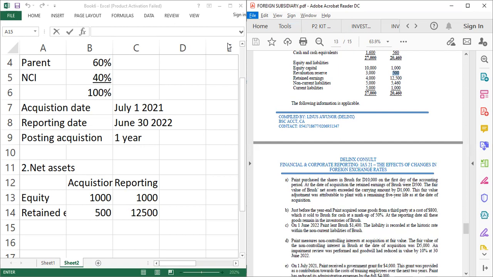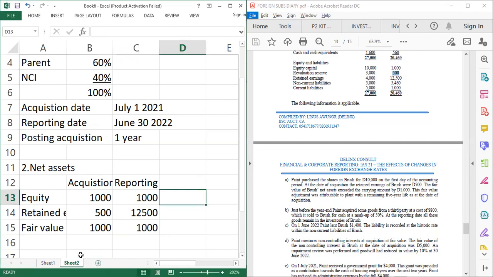We still subtract the same liability from the new value, and the equity will be increasing. So if there is a fair value increase, we add it to the net asset, because the asset is going to increase. The same liability will be subtracted from the same amount. It means that the equity will also increase by the same increase in the asset, which will be 1,000. So we assume that this will also be 1,000.